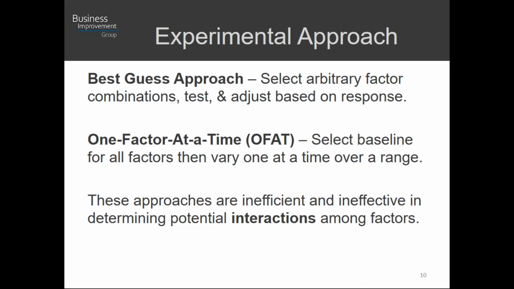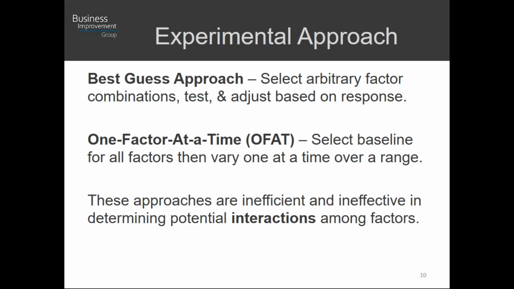So the proverbial, what I call tweaking the knobs, where if it's a machine, you set a machine up, you turn a knob. Maybe it's a business process where you change the questions that you're answering or the sequence of activities that you do. Whatever it is, there's a best guess out there, and you try changing all these things and you see what you get.